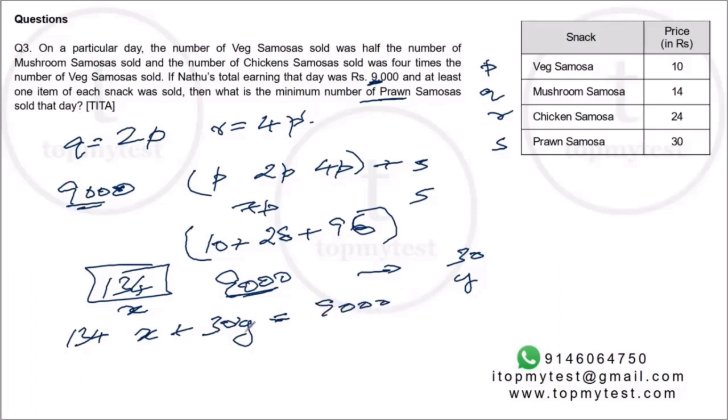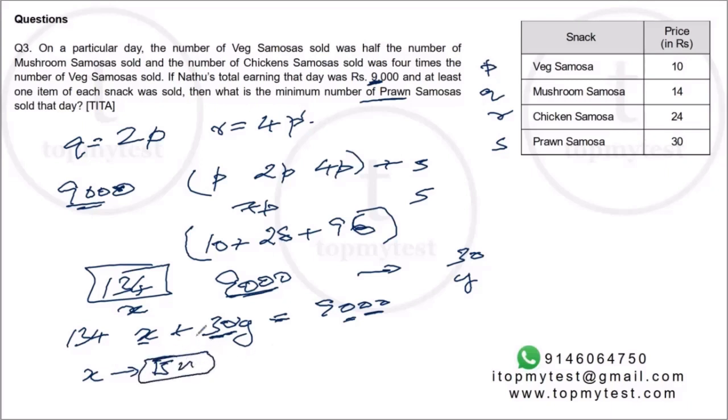Now obviously X has to be a multiple of 5, because 30 is a multiple of 5 and 9,000 is a multiple of 5, so this also has to be a multiple of 5. Similarly, X also has to be a multiple of 3, because 30 is a multiple of 3 and 9,000 is a multiple of 3. So X has to be a multiple of 3 as well as 5, so X has to be a multiple of 15.